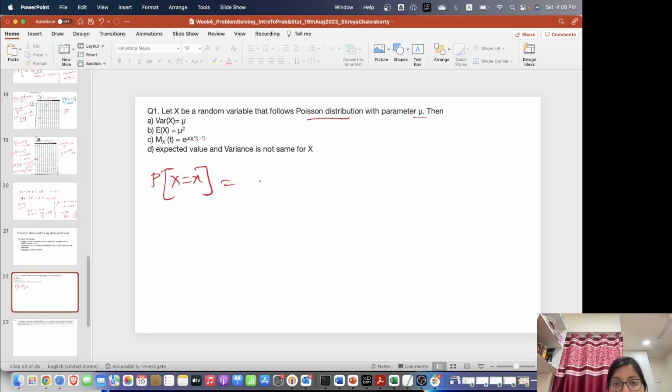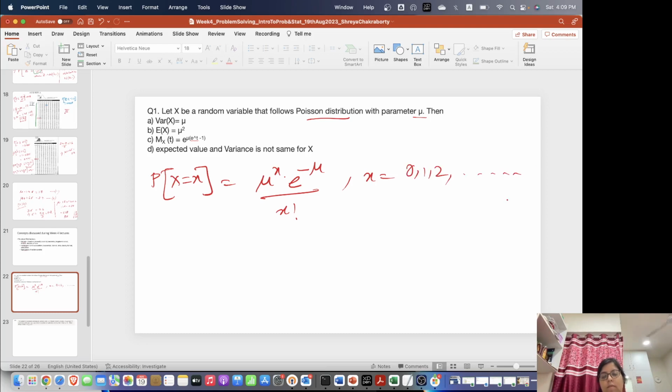So it will look like mu to the power x e to the power minus mu by x factorial. And x will take values from 0, 1, 2 and so on. It can go on and on and on.